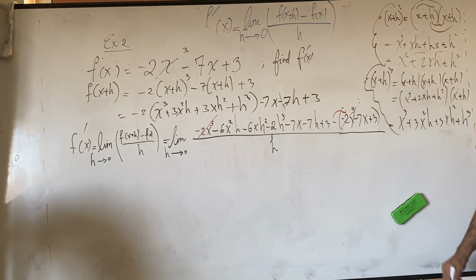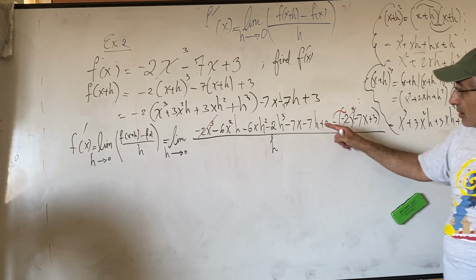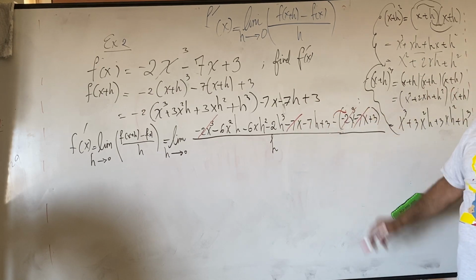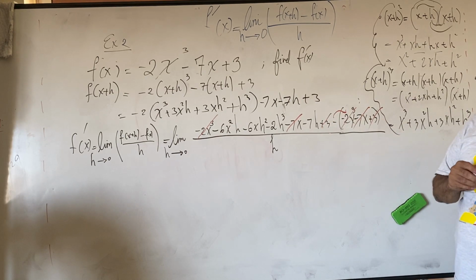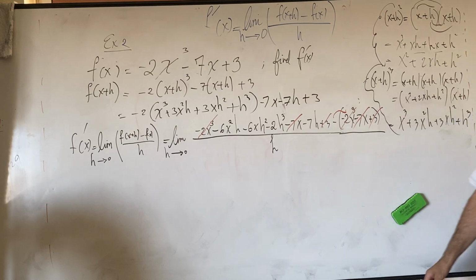Remember that thing. Minus times minus 7 is plus 7. Do I have minus 7 somewhere? Yes. I told you. Do you trust me if I just cross this out without thinking? Minus times 3 is minus 3. There's a plus 3 here. So gentlemen, I saved a step. I don't have to expand. I need to make sure I am good with this. I need to make sure I'm good with that.